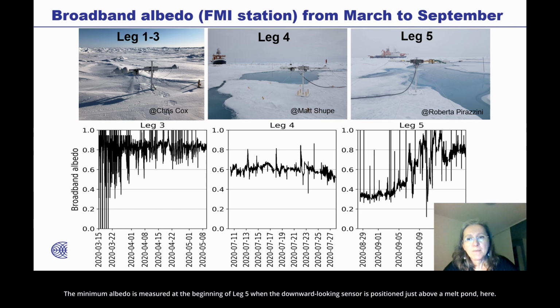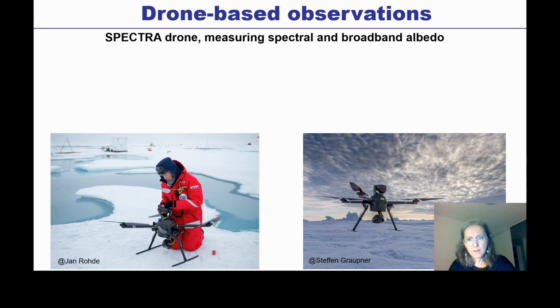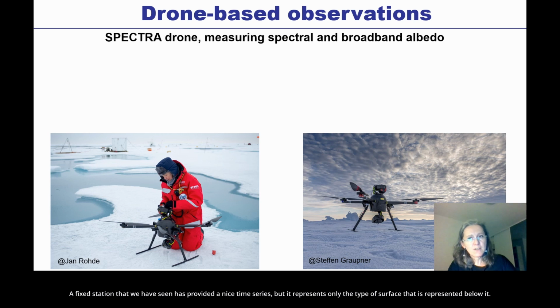The minimum albedo is measured at the beginning of Leg 5, when the downward-looking sensor is positioned just above a melt pond. A fixed station, as we have seen, provides a nice time series, but it represents only the type of surface that is located below it.